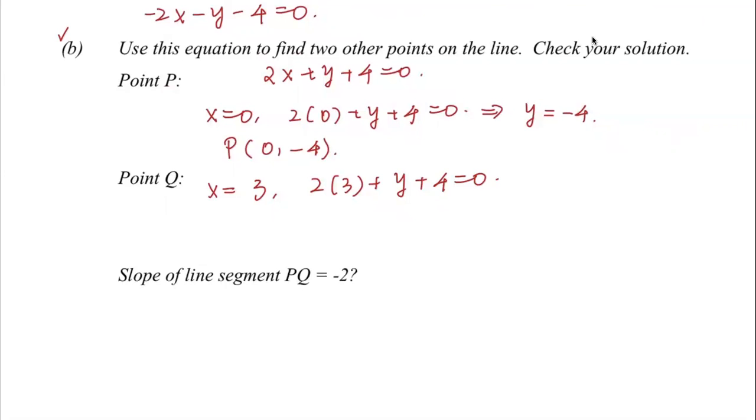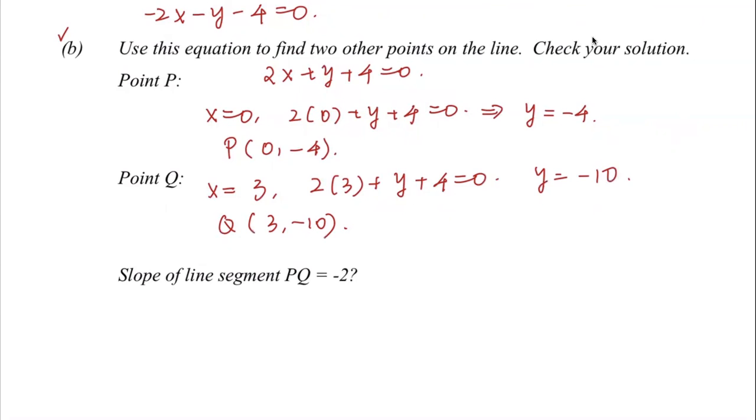So 2 times 3, that's 6. 6 plus 4, that's 10. 10 plus y needs to be 0, which means y is equal to -10. So now Q, (3, -10), is supposed to be on the straight line.